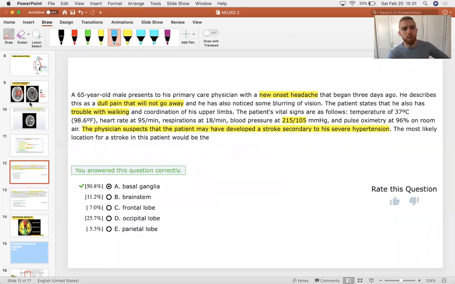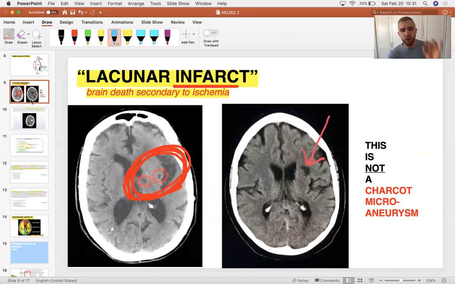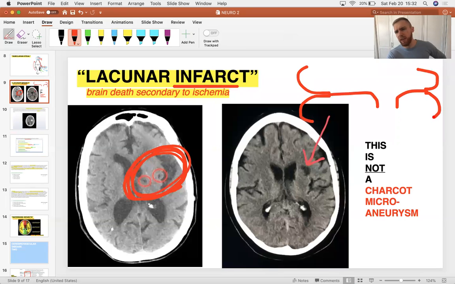Here's another similar presentation, again on the topic of strokes that occur in the lenticulostriate arteries. That's the topic that we're on right now, just to remind everybody. So recap, what are the lenticulostriates? Well, you've got two MCAs that go up bilaterally from the circle of Willis, and then they bifurcate, and you'll get a superior and an inferior branch of both MCAs, correct?